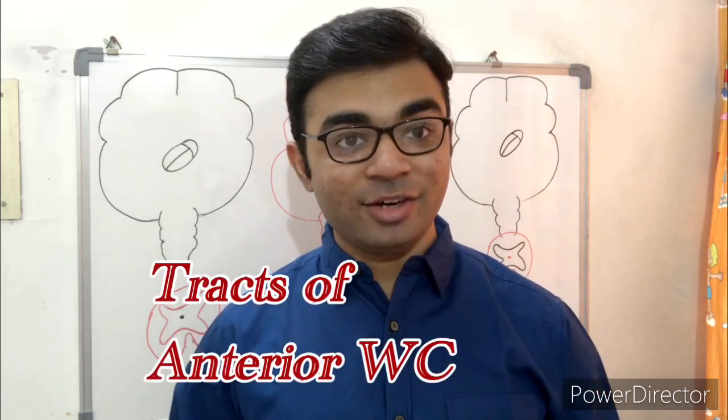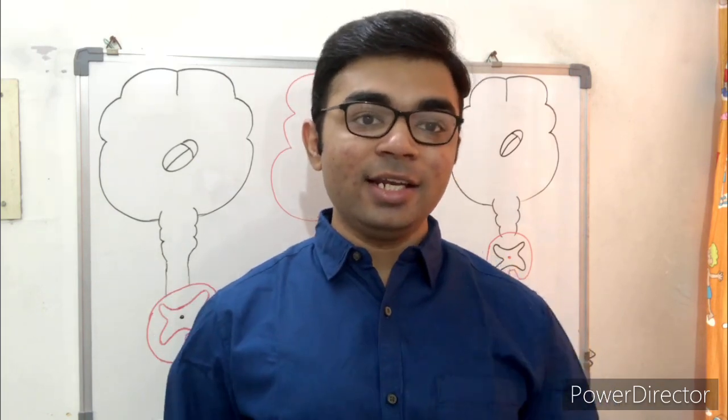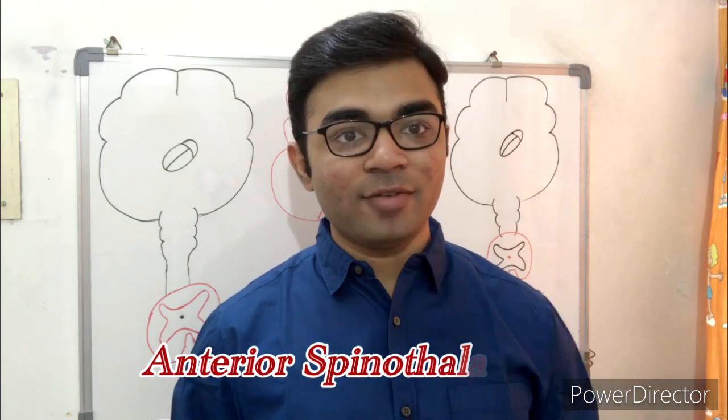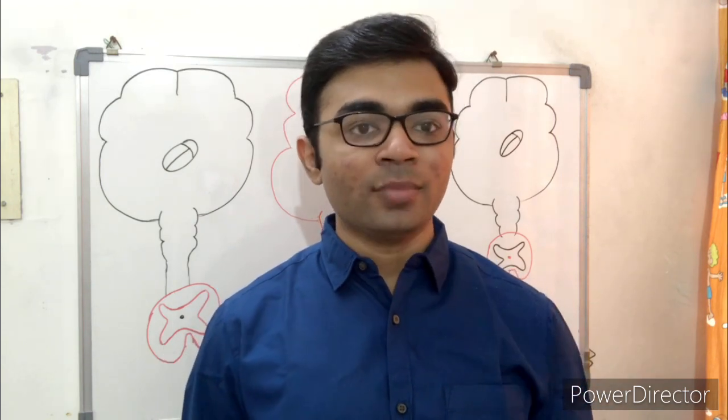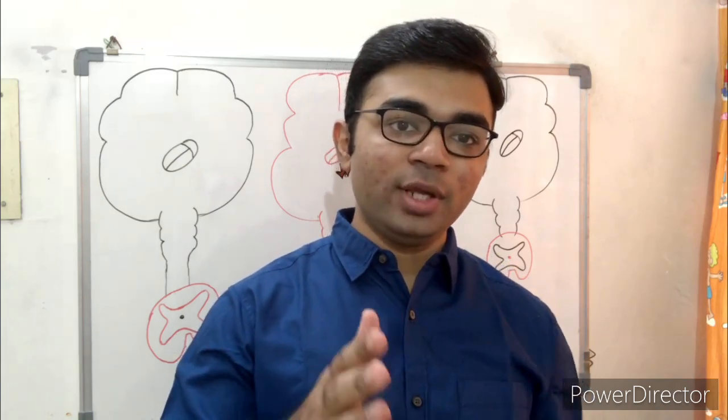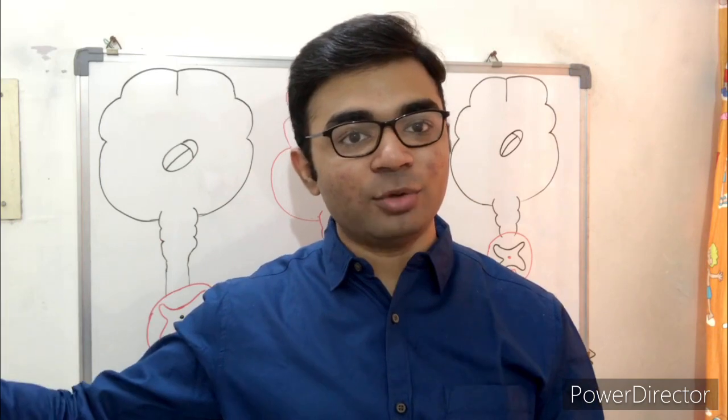So let's start with the first tract, that is the anterior spinothalamic tract. Focus on the heading. First is anterior, second is spinothalamic, meaning it runs between the spinal cord and reaches up to the thalamus.